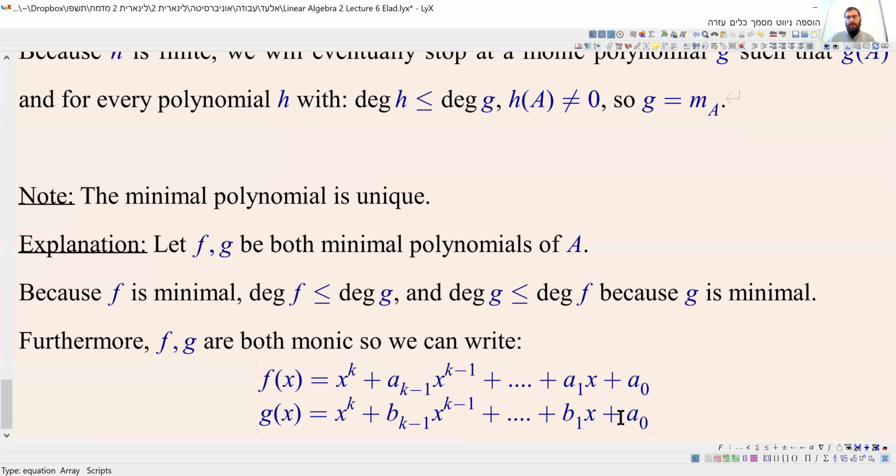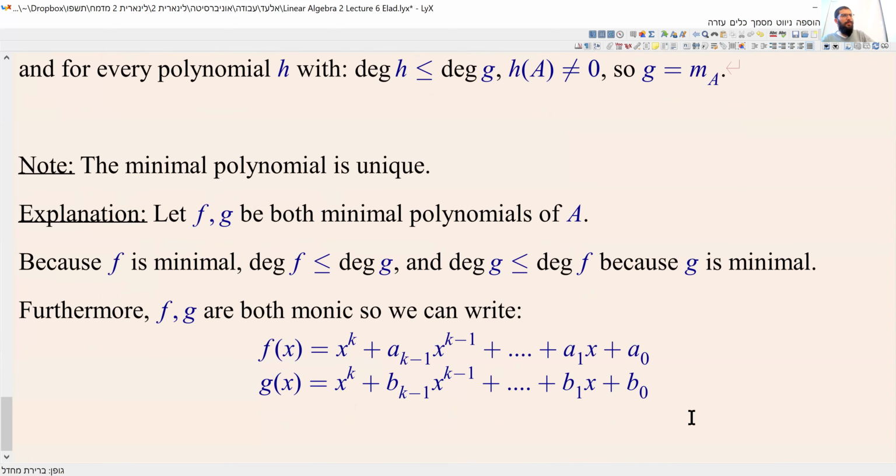We want to show that they are actually the same coefficients: a_{k-1} and b_{k-1}, a_{k-2} and b_{k-2}, and so on.